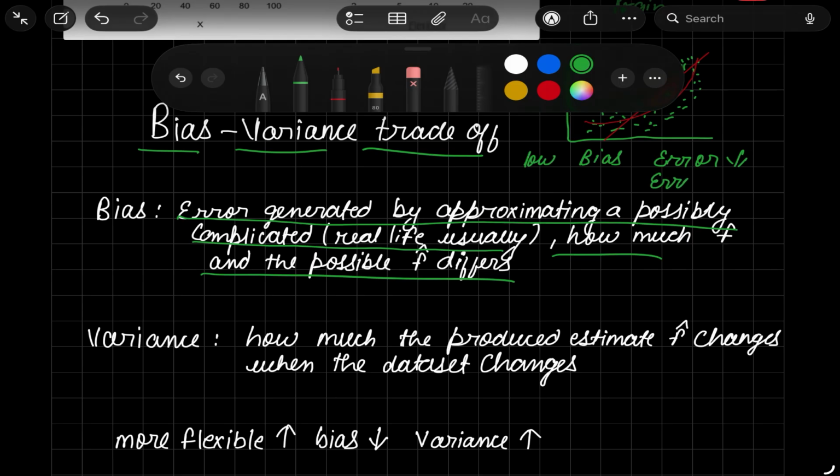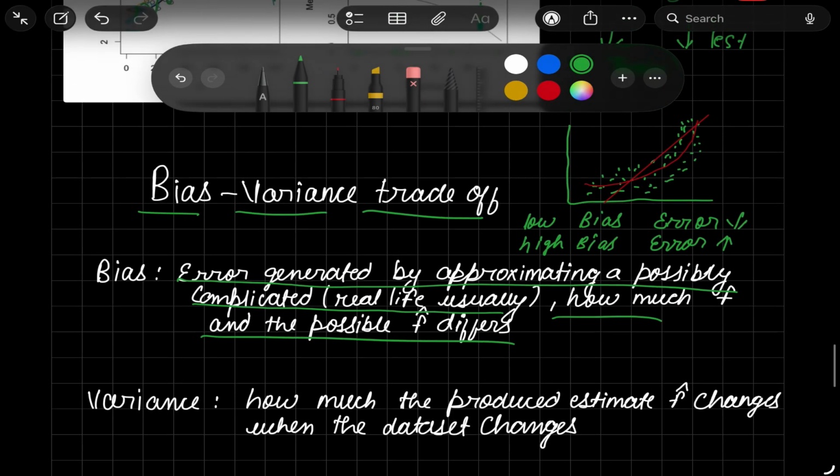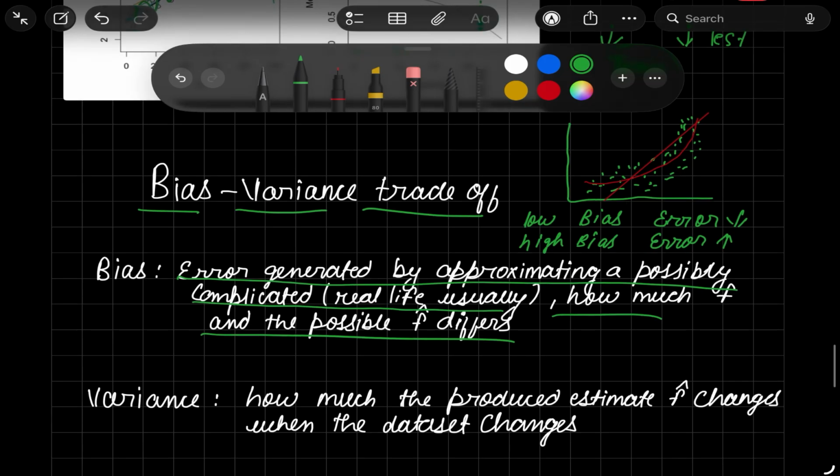But if the error is high, then it is high bias. So we made an assumption about the data that it is linear, but was the data linear? No. So we can simply say that it was high bias.